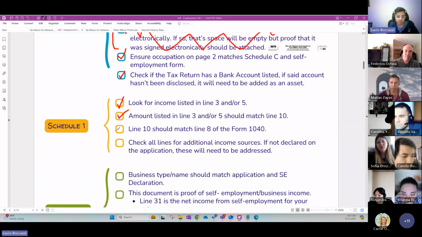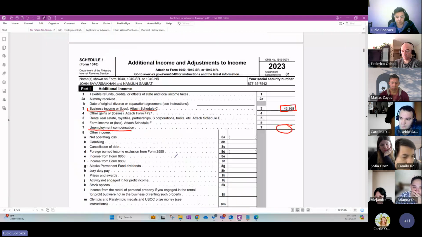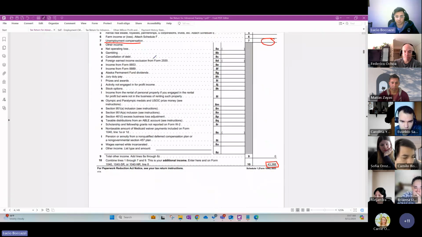Okay, and the last step that we would usually check either way is that we will check all lines for additional income sources if they have not been declared. So in this case, since we were looking at the Schedule 1 and we see that there's nothing else here in the middle, we can go into the Schedule C. Any questions about the Schedule 1?